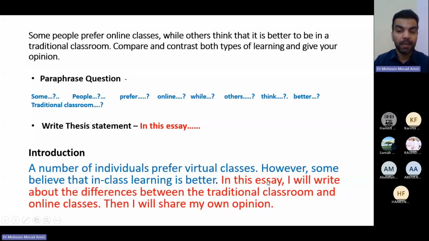In this essay, I will write about the differences. Don't say different. Differences between traditional classroom and online classes. Then I will share my own opinion, because the question asks for your opinion, Shabab. True? Here, the question is asking your opinion. So you have to write it in your thesis statement.